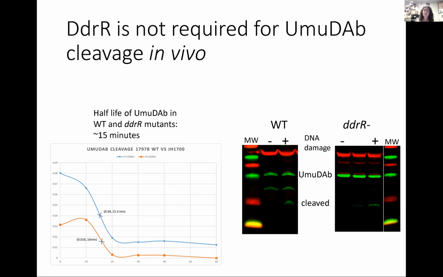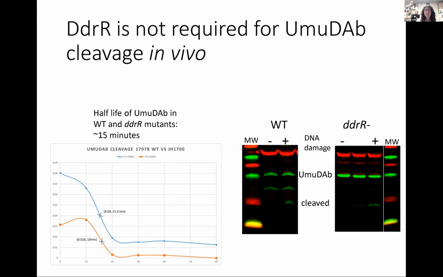And on the left and the right, in those very colorful blots, we see that both wild type and DDRR mutants are able to have UMUD-Ab cleave itself. So we see, first of all, a green band at a high molecular weight, and then over time, after we've applied DNA damage, we see smaller fragments appearing that represent the cleavage products.